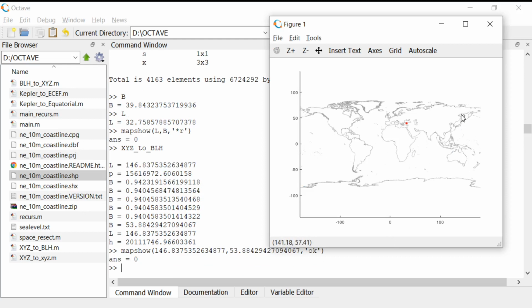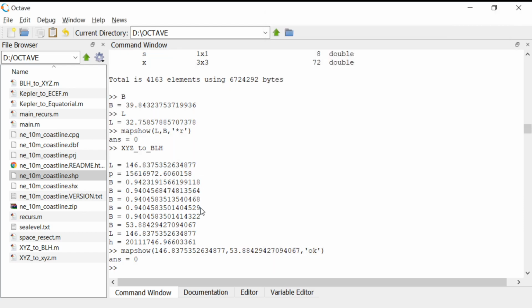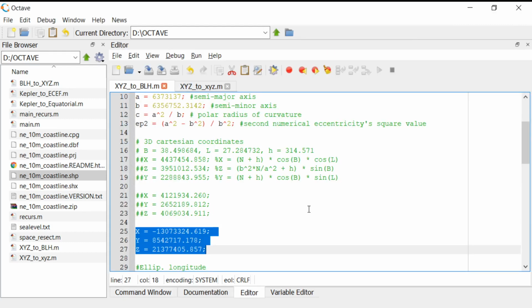You remember the first satellite's coordinates were around here.